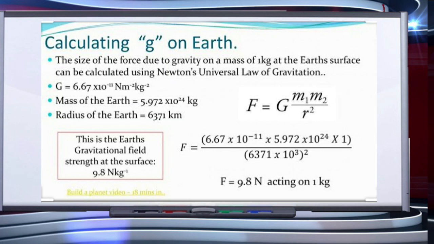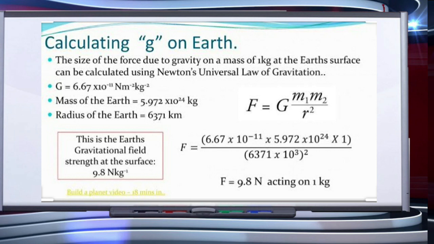To calculate the value of g on the surface of the earth, let us put the values of G, that is the universal constant, the mass of the earth and the radius of the earth in the equation. We know that the mass of the earth Me is equal to 6 into 10 to the power 24 kilogram. The radius of the earth, that is r, is 6.4 into 10 to the power 6 meter.